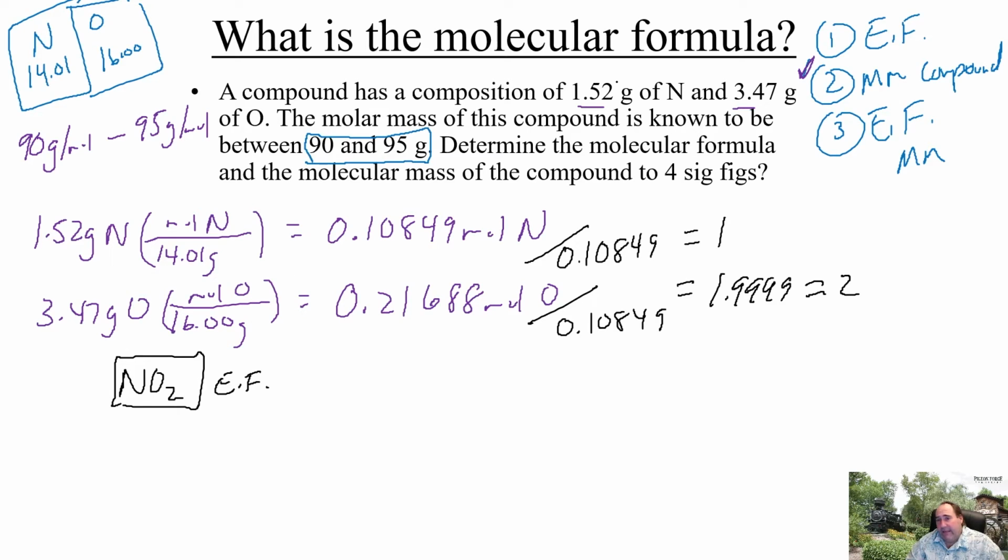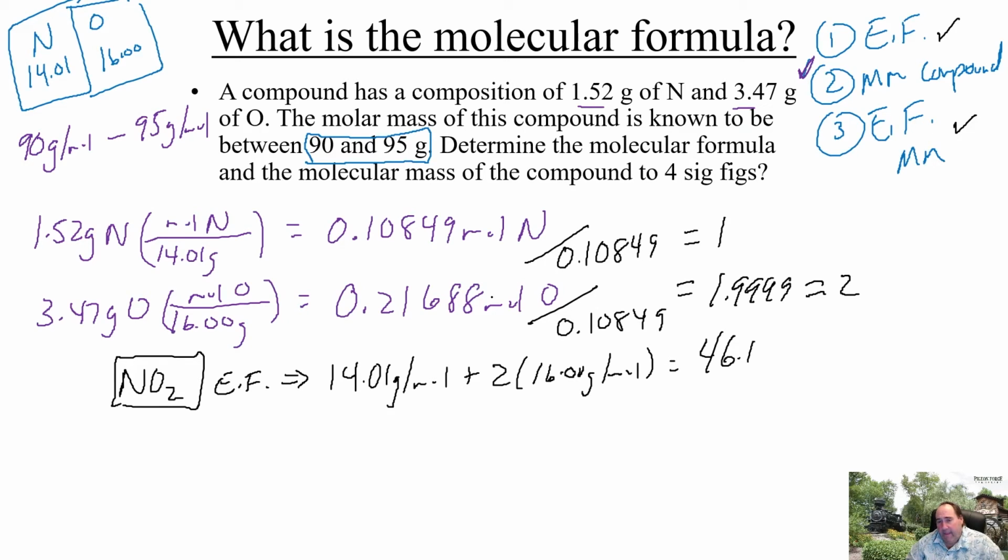So now we have the second thing that we need. Lastly, we do need the molar mass of it. Calculating the molar mass of this guy: 14.01 grams per mole for our nitrogen, plus 2 times 16 grams per mole for our oxygens, is going to get us a molar mass of 46.01 for our empirical formula. Now it comes to the part where we need to figure out that conversion factor.